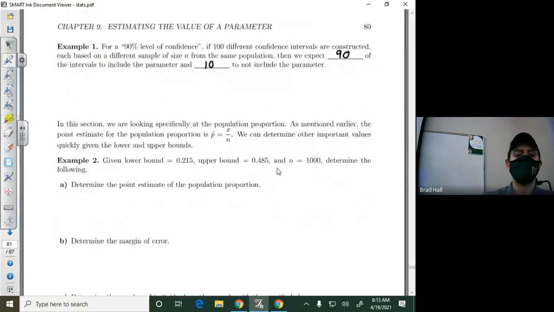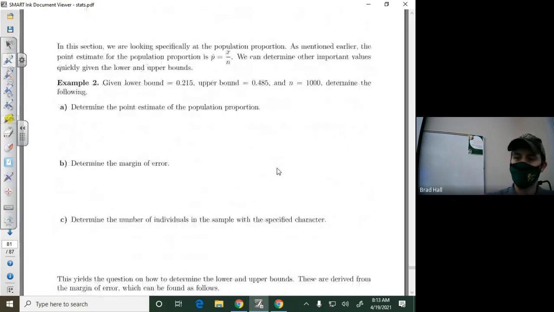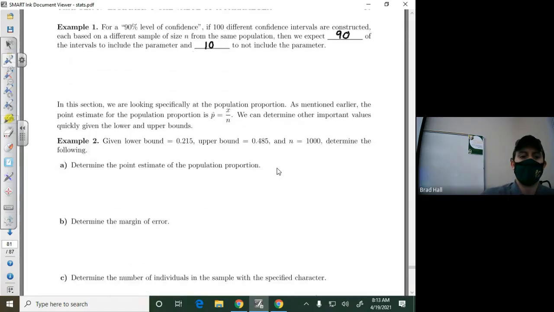So let's look at something a little bit more concrete, something a little bit more hands-on. Everything we've talked about so far does not pertain to the population proportion, which is the namesake of this section. So far, we've talked about generalities of the chapter as a whole.